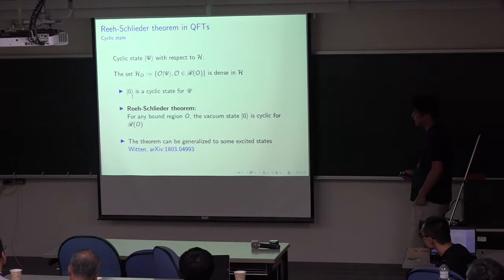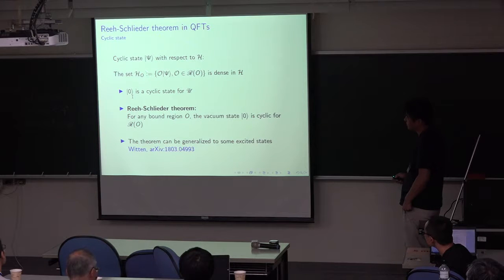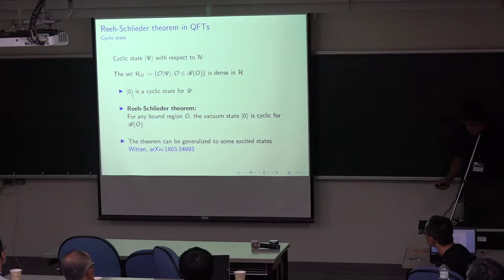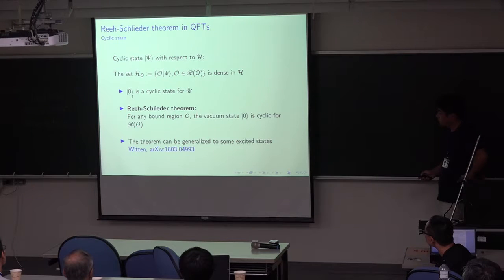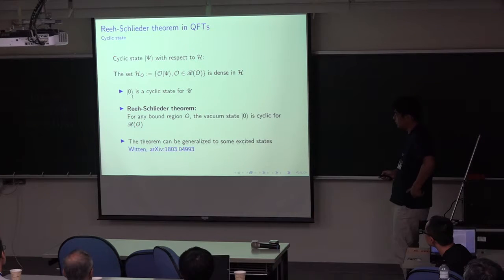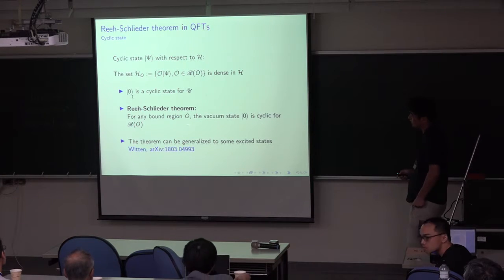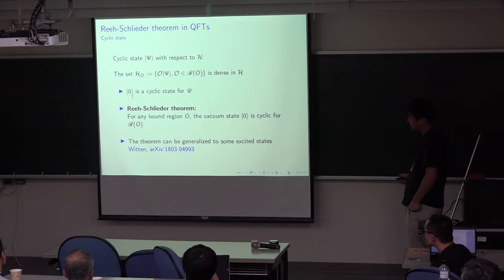For example, the vacuum state is cyclic for the whole Hilbert space, because that is just the definition of the Hilbert space. But the Reeh-Schlieder theorem states a very strong condition: for any bounded region O, the vacuum state is cyclic for the local region.